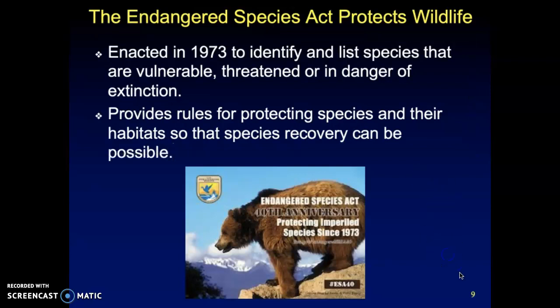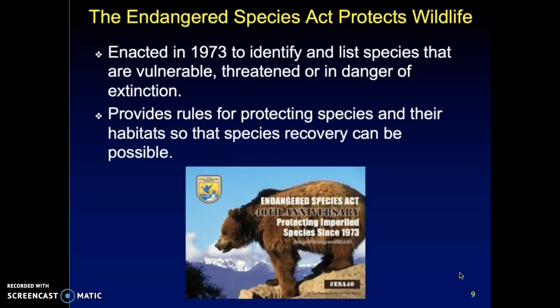All right, so we look at a species, we look at a population. Are there enough of these grizzly bears? Are there enough of these types of birds, these types of fish, these types of insects, these types of plants? We need to protect them. And that's part of what CITES is involved in, protecting species on a global level with international trade.